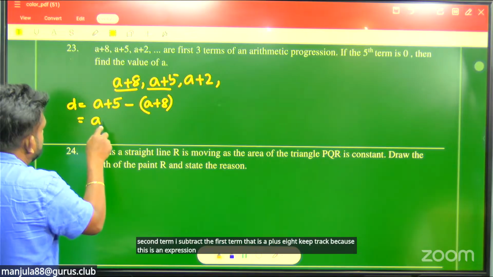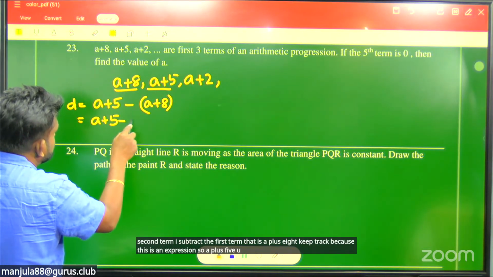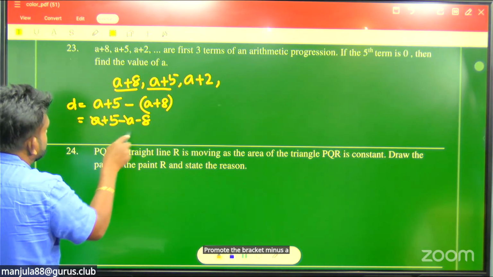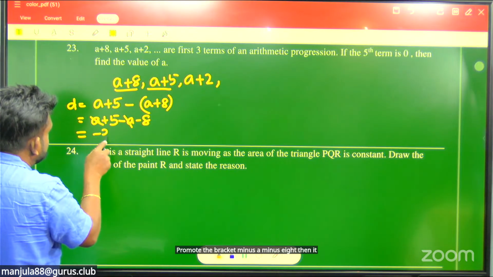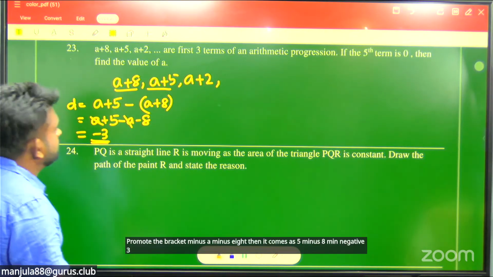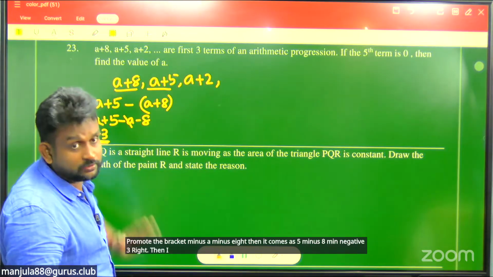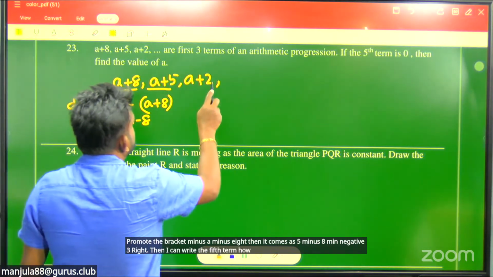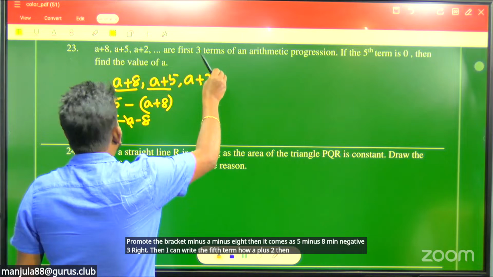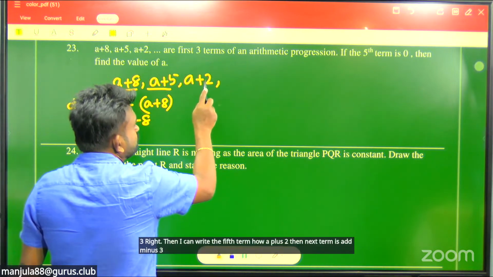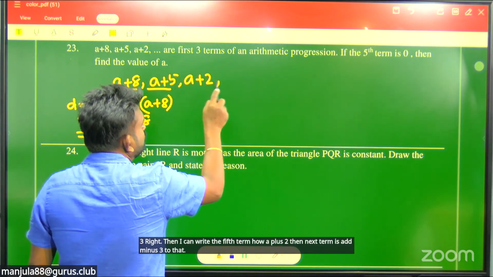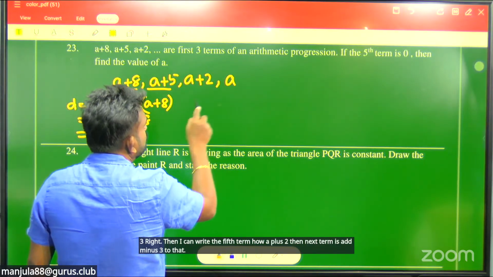So a plus 5, remove the bracket, minus a minus 8, then it comes as 5 minus 8, meaning negative 3. Then I can write the next term after a plus 2: add minus 3 to that. When we add minus 3, what happens? a plus 2 minus 3.